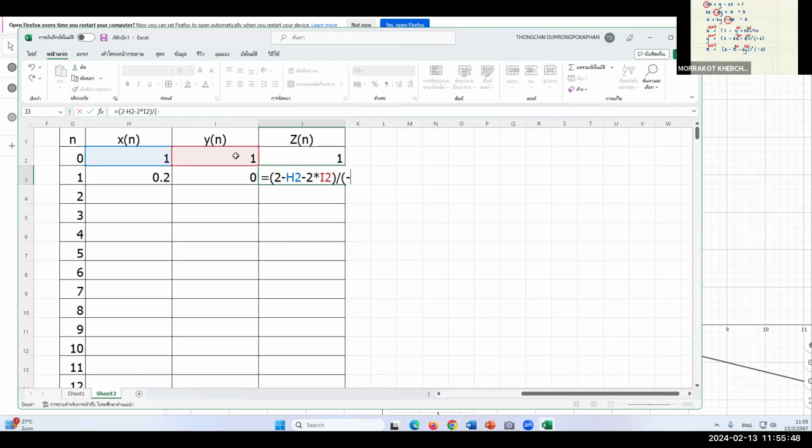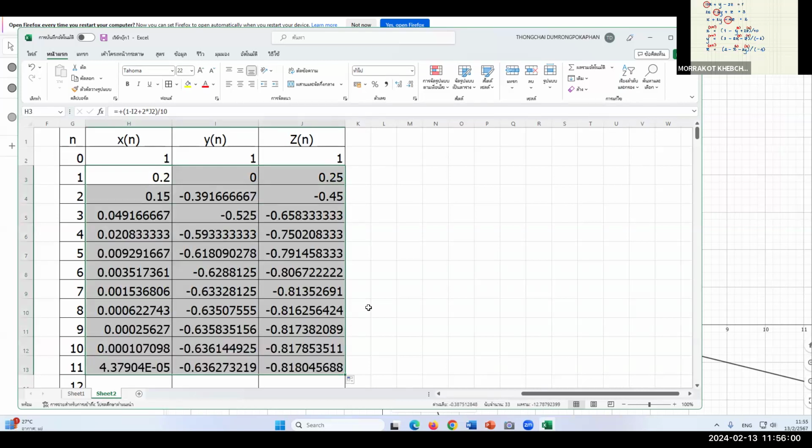Please help me check, okay? Minus 4, okay? 2 minus x minus 2 times y equals this. And then I copy the formula.